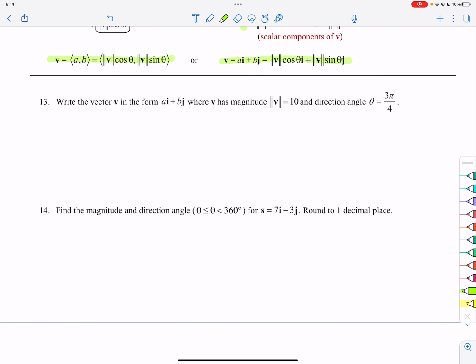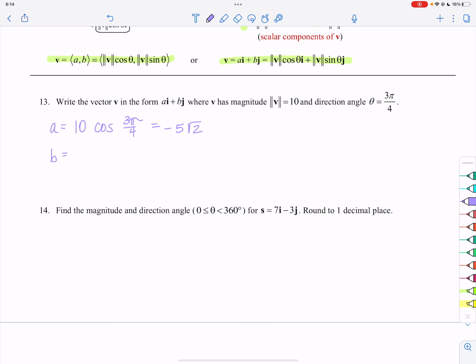Okay, in number 13, we're going to write the vector v in the form ai plus b times j, where v has magnitude of 10 and a direction angle of theta equal to 3 pi over 4. So let's begin with a, and a is going to be 10, that magnitude, multiplied by the cosine of 3 pi over 4, and that's equal to the opposite of 5 root 2.